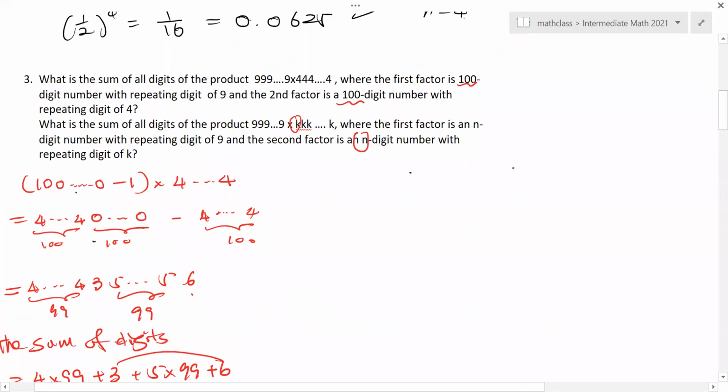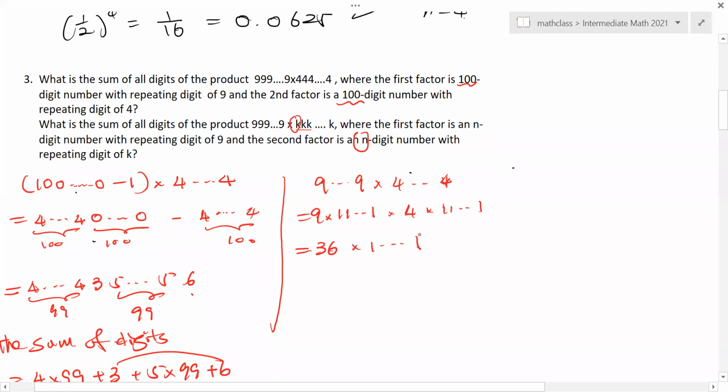If someone goes in the wrong direction, then what happens is that 9 times 4, 4, 4 can be written as 9 times 1, 1, 1, 100 ones, and times 4. So you will get 4 times 9 is 36, and then you have a square here. That is 100 ones right here.